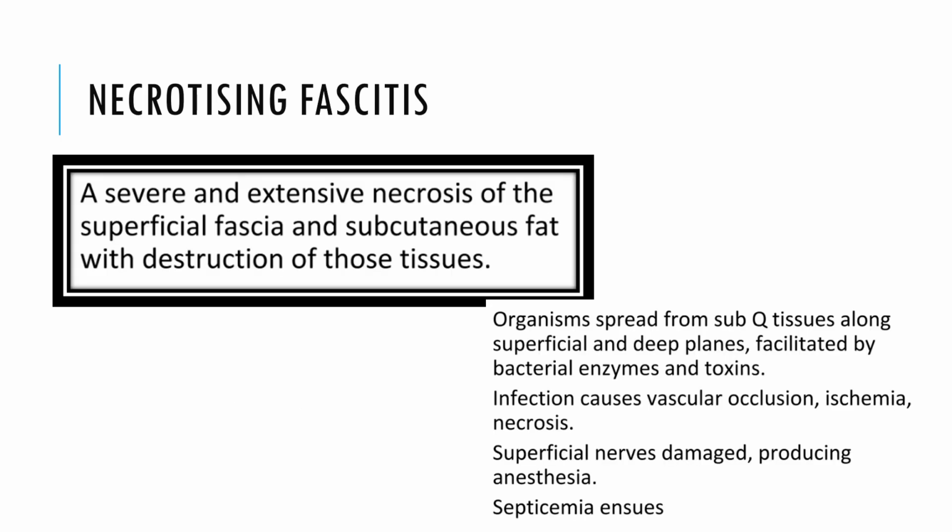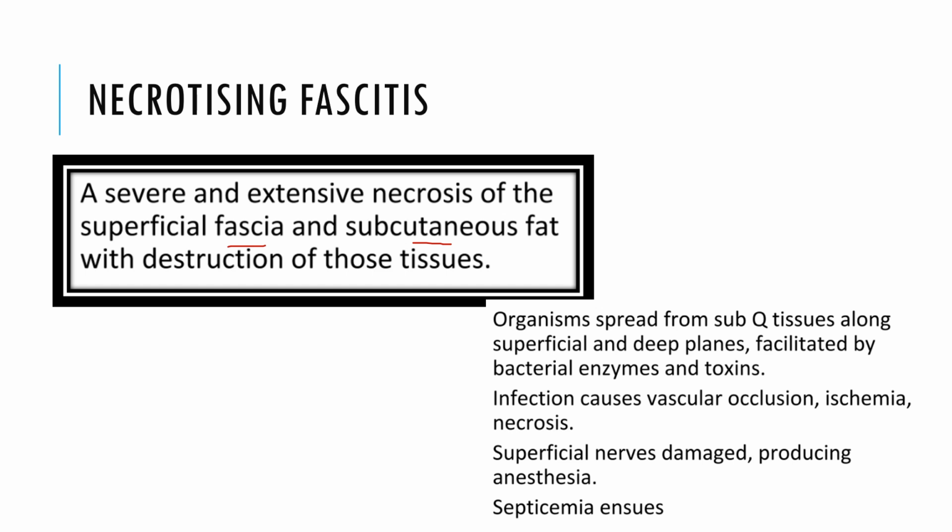Coming to necrotizing fasciitis. It's more severe and more extensive. It can spread both up and down. There is extensive necrosis of the superficial fascia and subcutaneous fat with destruction of this tissue, and it can spread superficially as well as deep down.